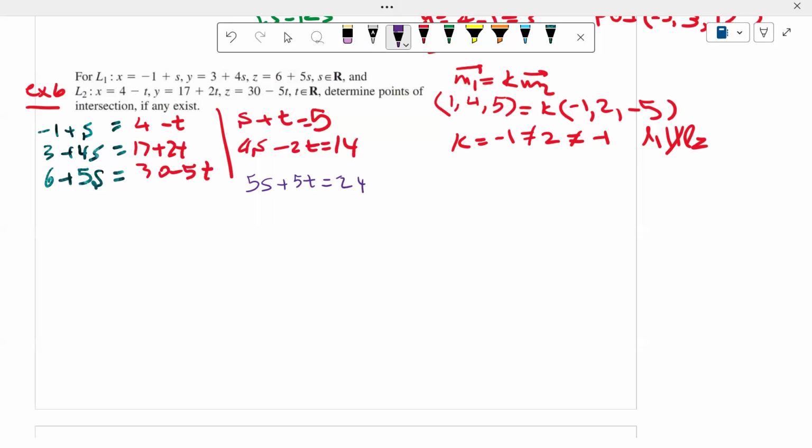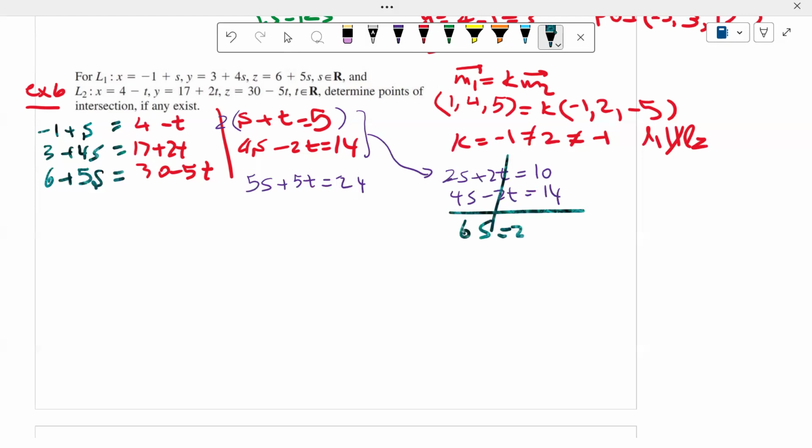So I'm going to multiply this one by 2, and I get 2s plus 2t is equal to 10. And I have 4s minus 2t is equal to 14. You notice that you can cancel out these two. You get 6s is equal to 24 and s is equal to 4.